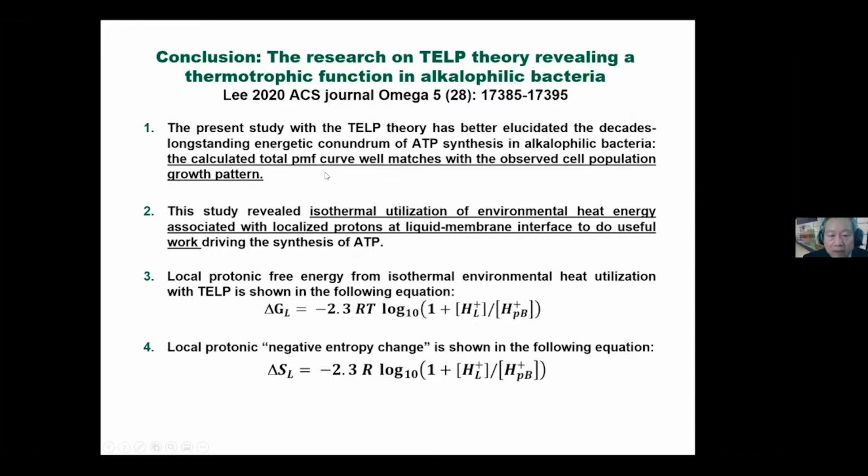The calculated PML curve matches excellently with the observed population growth pattern. More importantly, it reveals isothermal utilization of heat energy with local protons at the liquid interface to do useful work, driving ATP synthesis. It's real.